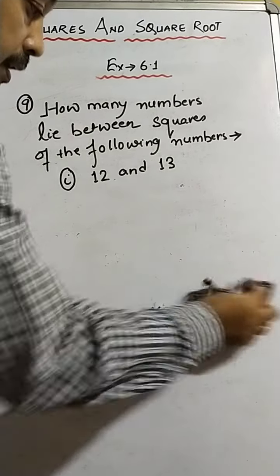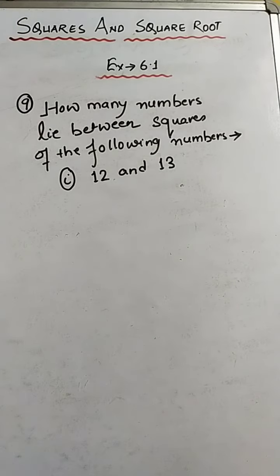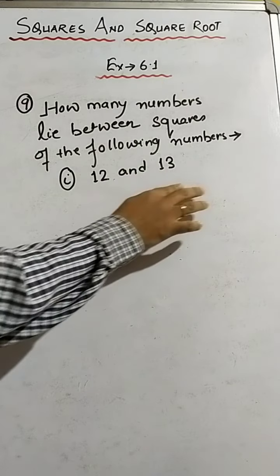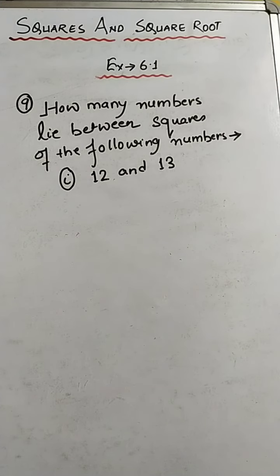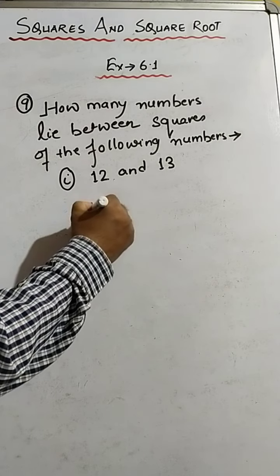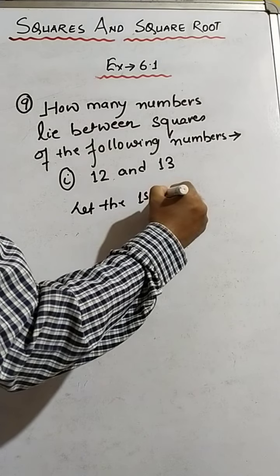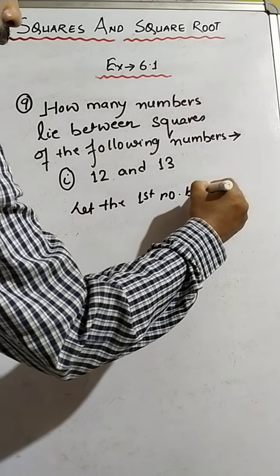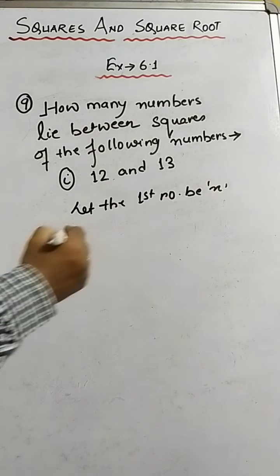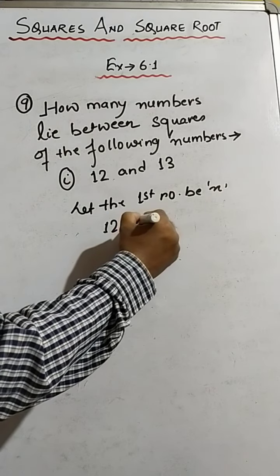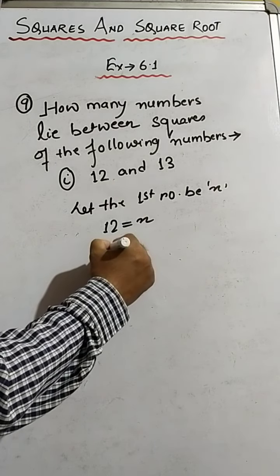Now, if you carefully observe these numbers, that is 12 and 13. Now, suppose I let the first number be small n. That means 12 is equal to n. So 13 will be what?